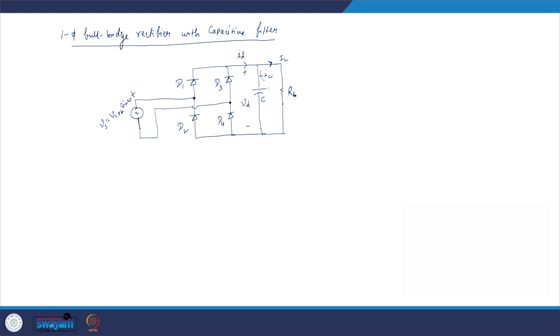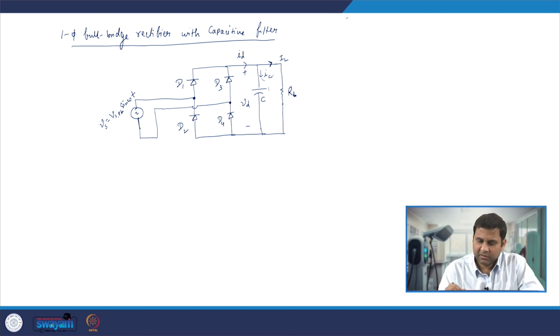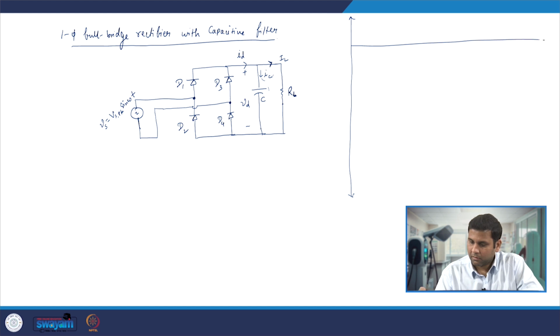Now let us draw the critical voltage and current waveforms in this circuit to understand its functionality. Let us first draw Vs, the input voltage.